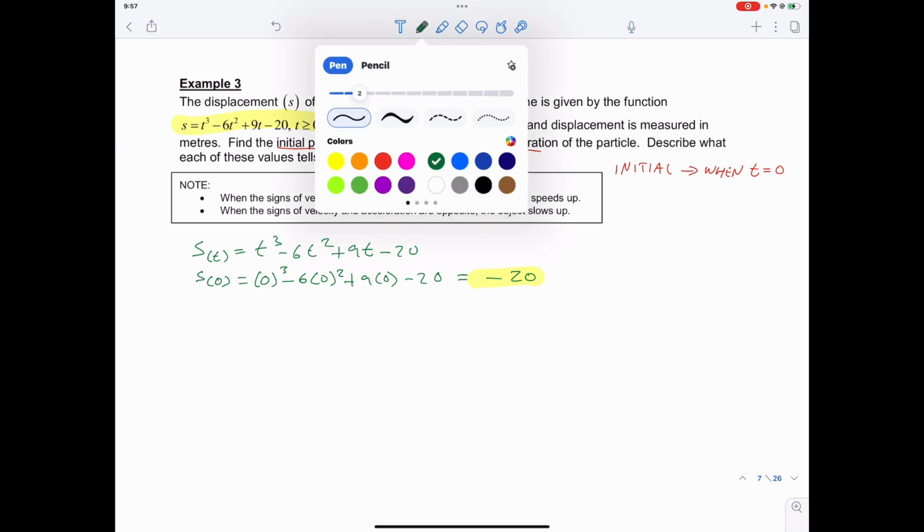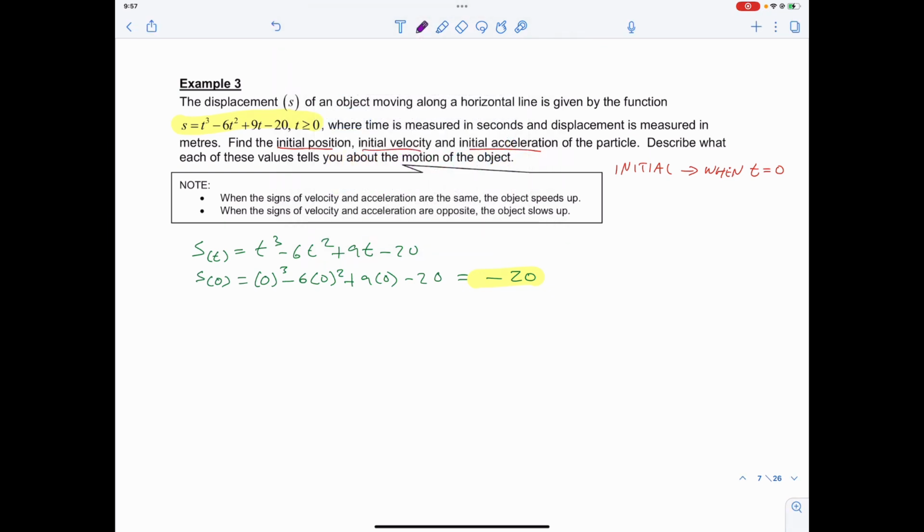I'm going to take the derivative of this to get my velocity, v of t. When I take the derivative of my original function, it's going to give me 3t squared minus 12t plus 9. And when I take the velocity when t is equal to 0, that's going to give me 3 times 0 squared minus 12 times 0 plus 9, which is just going to be positive 9.